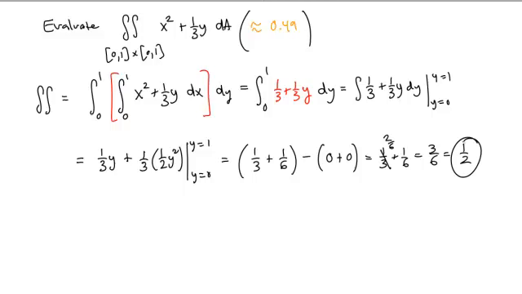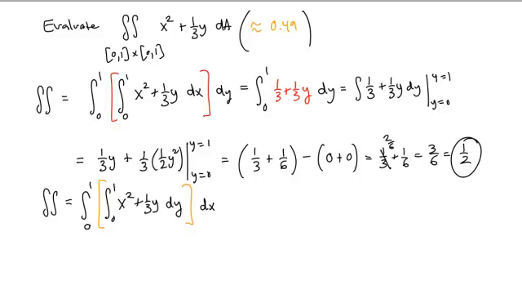Now it's worth pointing out, though, that Fubini's theorem says that we could have also worked out this double integral by taking the function x squared plus 1/3 y and integrating it with respect to the y variable first, between 0 and 1, and then taking this and integrating it with respect to x between 0 and 1. And we're supposed to get the same answer.